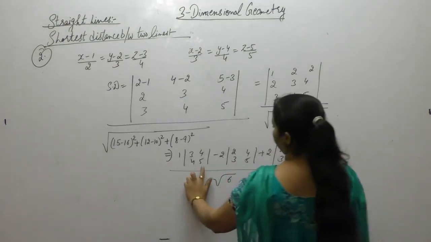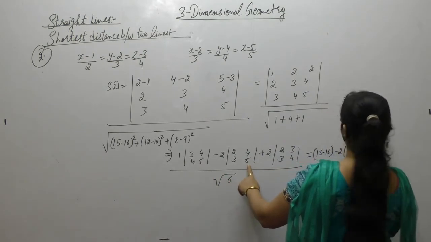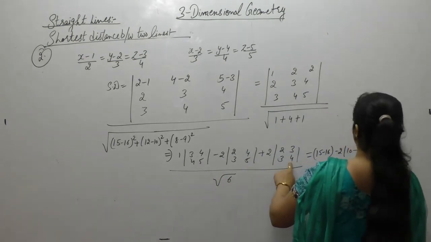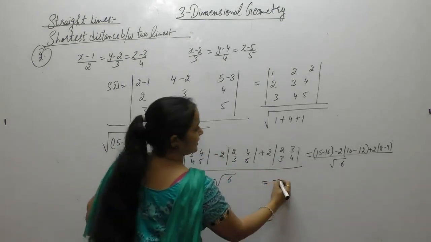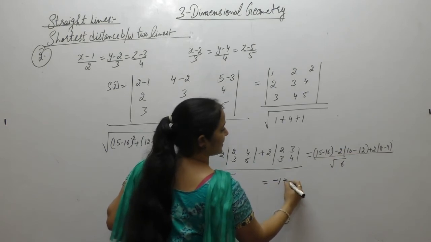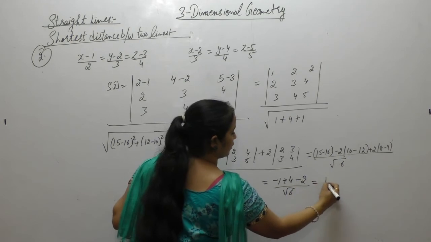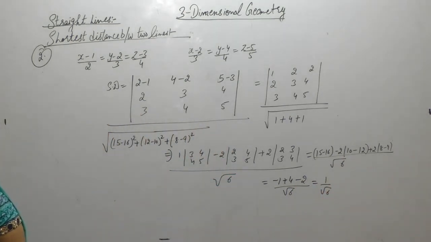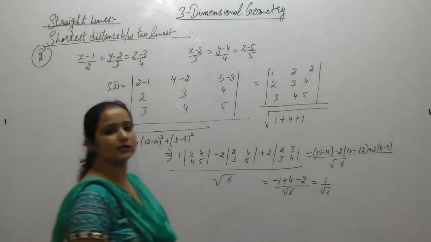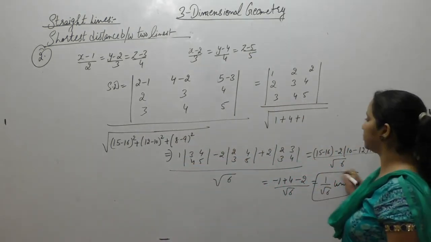So what we get here? 15 minus 16 minus 2 into 10 minus 12, 8 minus 9, upon square root of 6, minus 1 plus 4 minus 2 upon square root of 6, 4 minus 3, 1 upon square root of 6. So shortest distance between these lines is 1 upon square root of 6 units. Since it is a distance, so units.